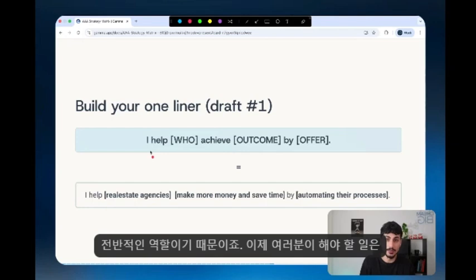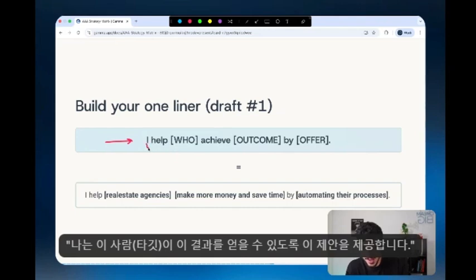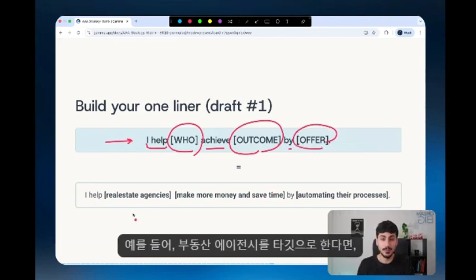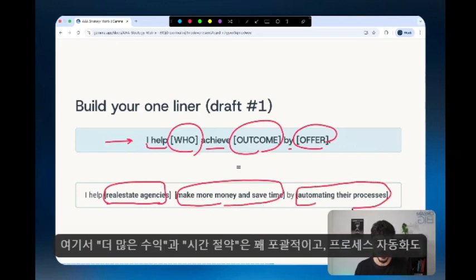Now what I want you guys to do is build your one-line core offer. What this is going to look like is: I help this person achieve this outcome by this offer. So for example, if you guys are targeting the real estate agency niche, you would say, I help real estate agencies make more money and save time by automating their processes.